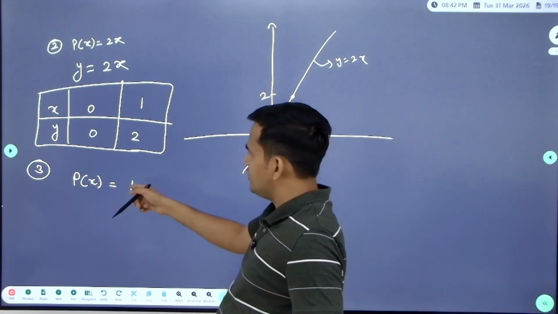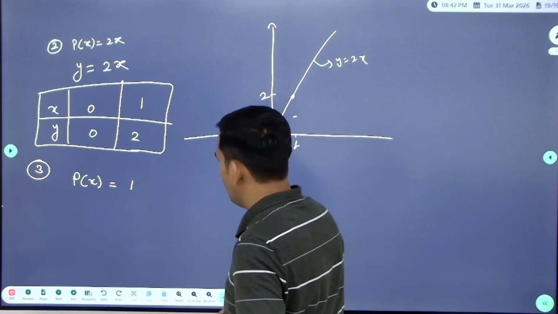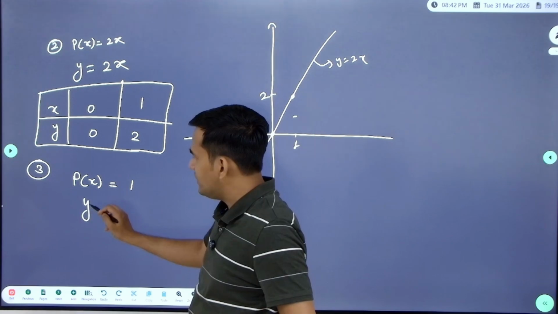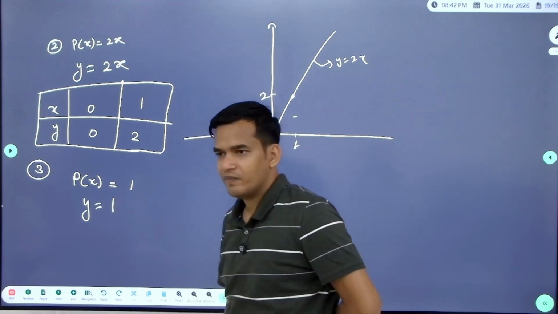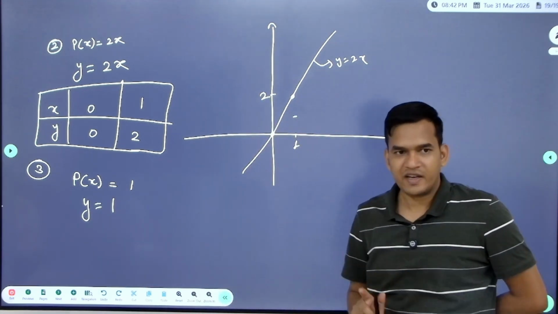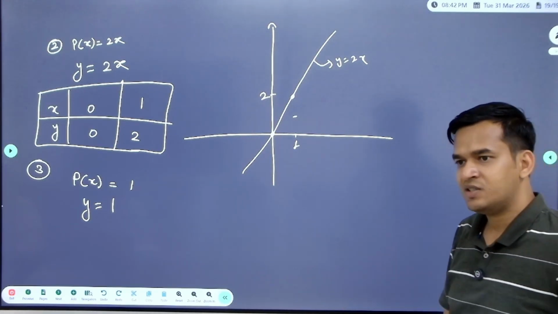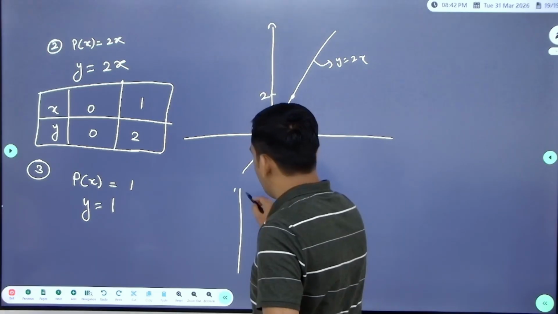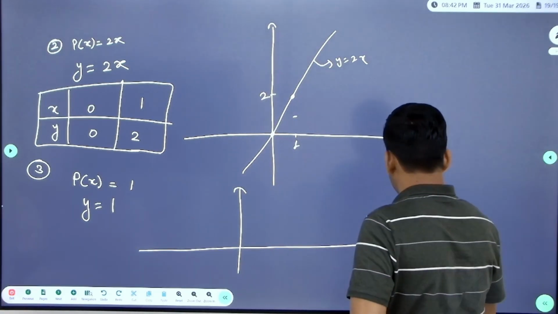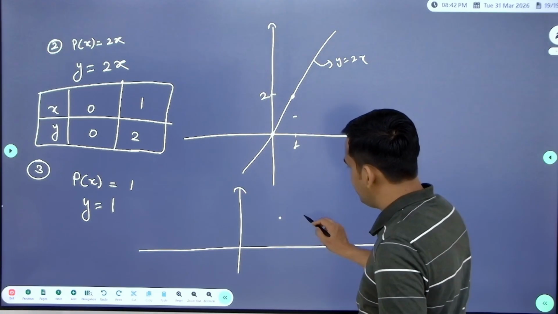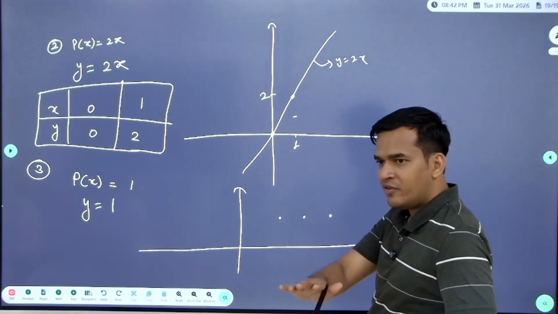This one. This is constant polynomial. First step, replace px with y. So y is equal to 1. So whatever be the value of x, y is always 1. Y does not depend on the x. Y is 1 for all values of x.